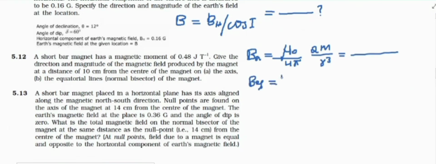So B axial is equal to mu naught by 4 pi 2m by r cube, and B equatorial is equal to B axial by 2, or its formula is mu naught by 4 pi m by r cube. So you get the answer.